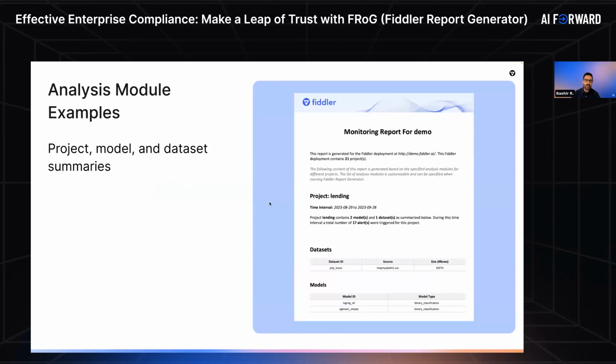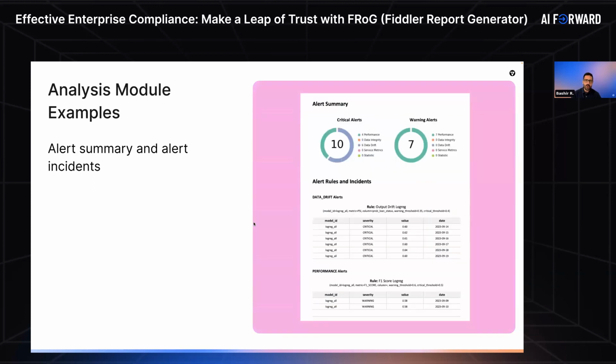Here I'm going to show you some examples of the analysis modules that are currently supported in FRoG. So we have things like project, model, and dataset summaries. We have modules for different types of analysis that you want to have for your alerts. So alert summary and alert incident details.